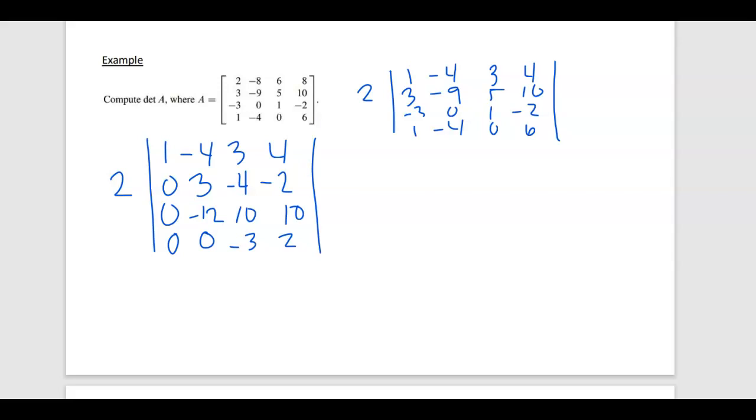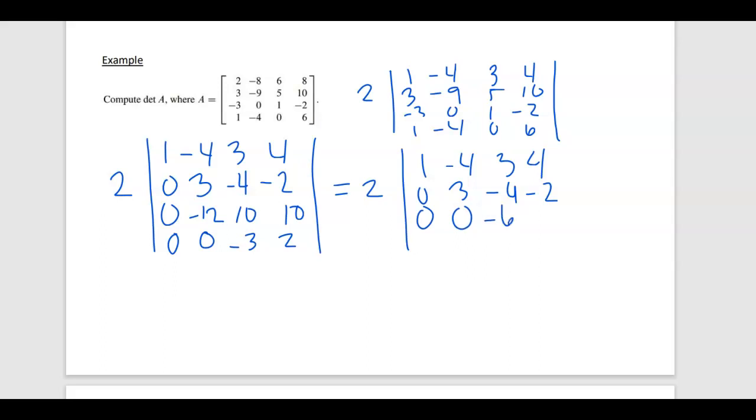So this is going to be 2 times, let's leave the first 2 columns alone. If I do 4 times row 2 and add it in, I end up getting a -6 here and a 2 here.